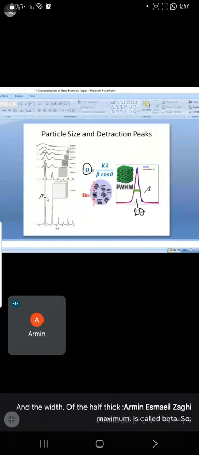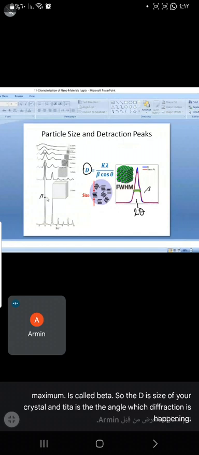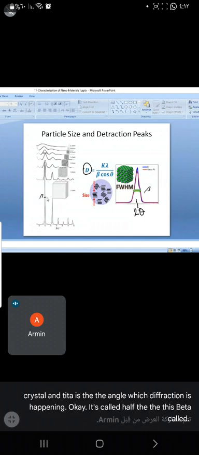So D is the size of your crystal, and theta is the angle at which diffraction is happening. This beta is called the full width at half maximum.